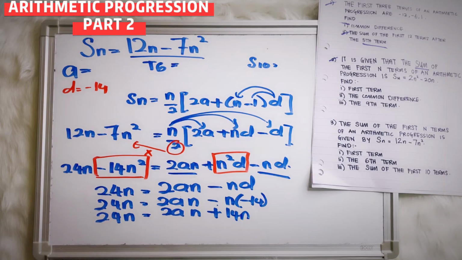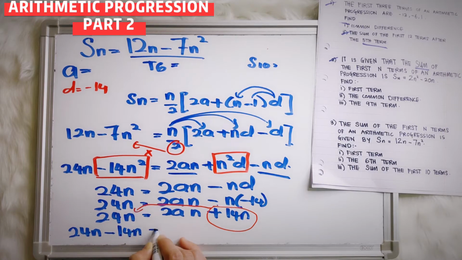So I bring this to this side. 24n minus 14n equals 2an.